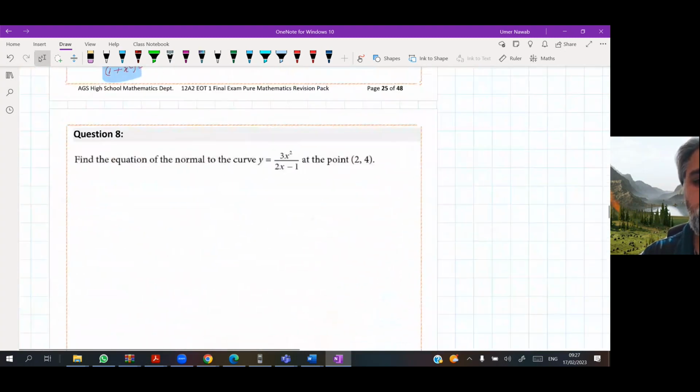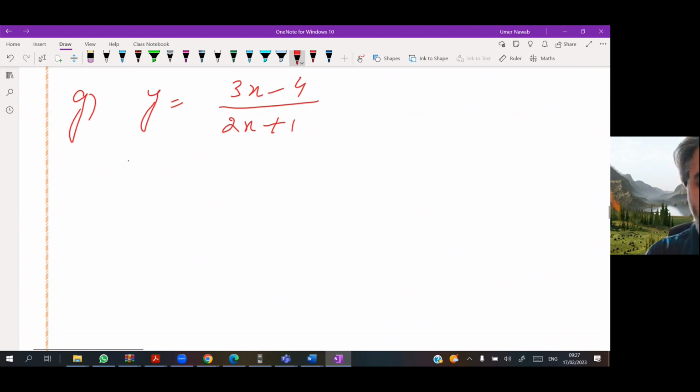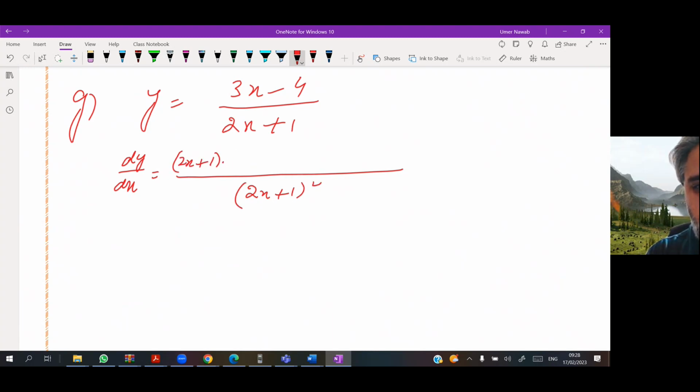I think the space is left. I'm going to solve the g part here. y equals 3x minus 4 over 2x plus 1. Numerator's derivative is 3. Denominator's derivative is 2.